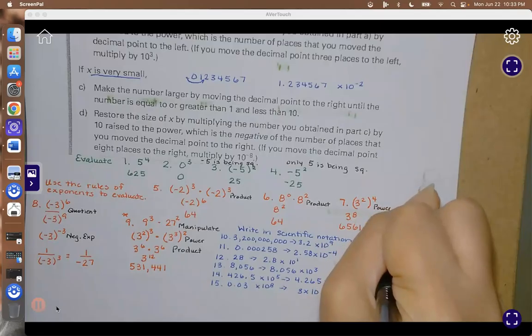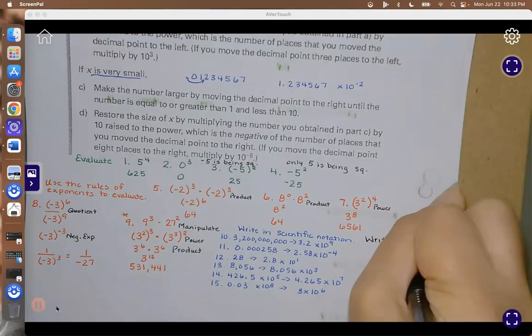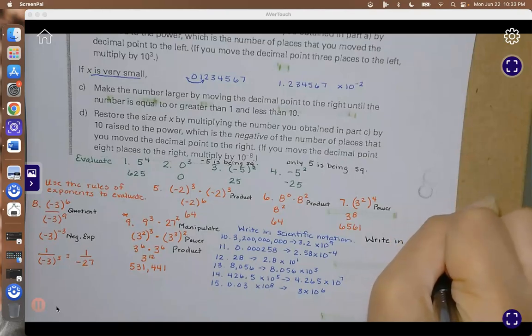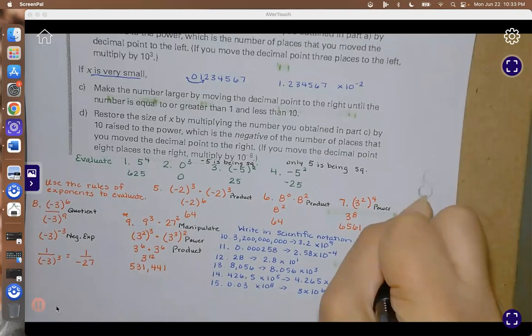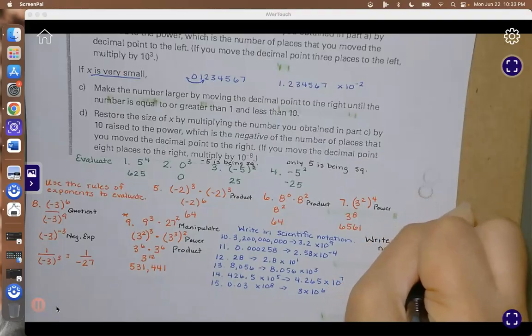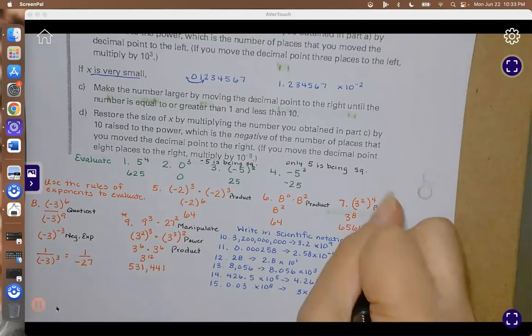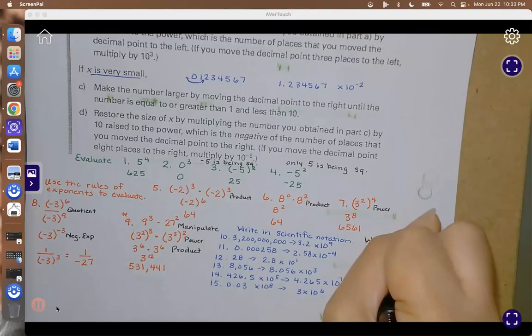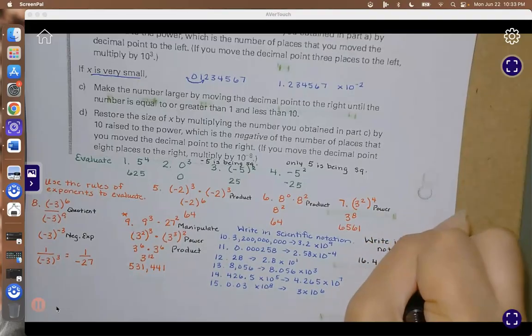I'm going to do 2 of these. Write in standard notation. Okay, so 16 is 4.7 times 10 to the 8th.